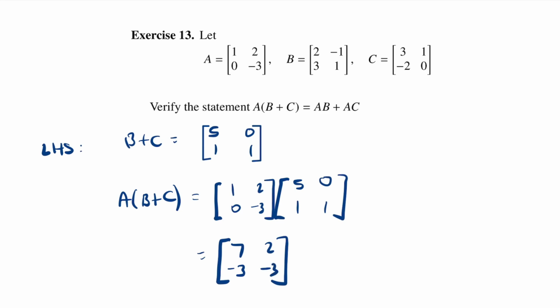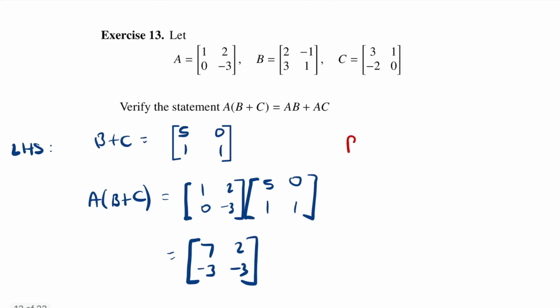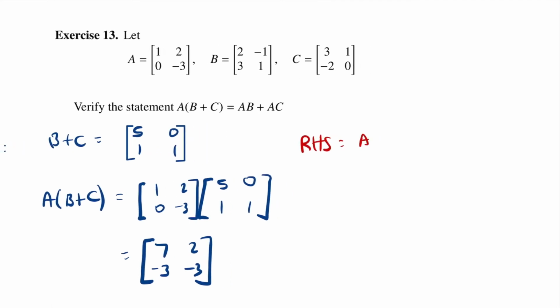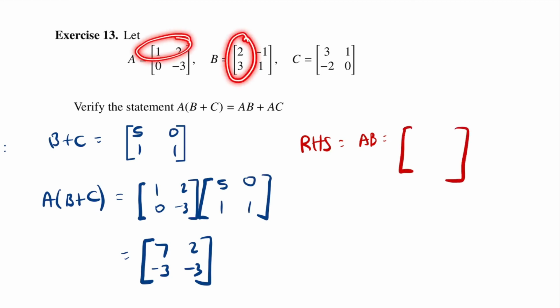All right, now let's do the right-hand side. I'll do the right-hand side in red. So first, let's do A times B. That would be 2 plus 6 is 8.